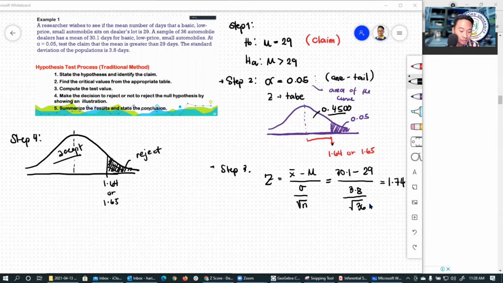Perfect. In other words, the value 1.74 that we just solved in step 3 is found somewhere here. In other words, our decision for item number 4 is to reject the null hypothesis.